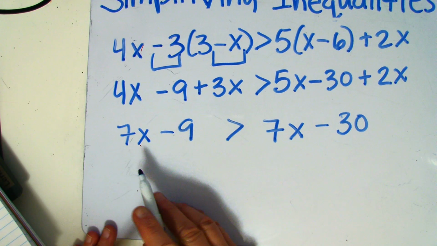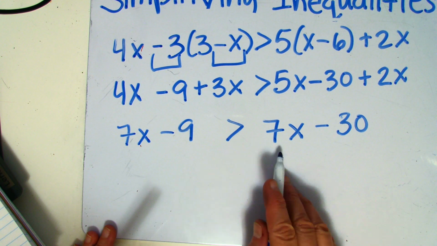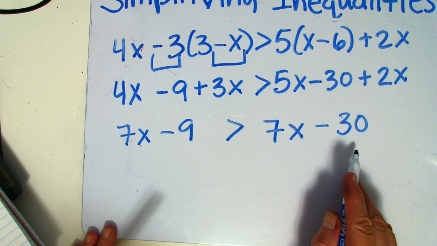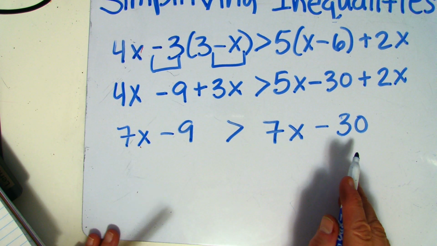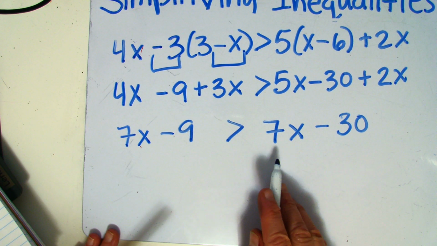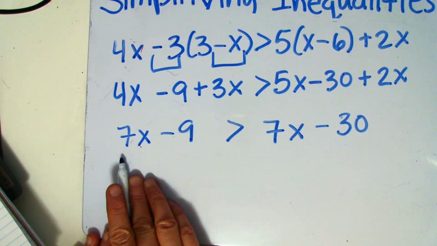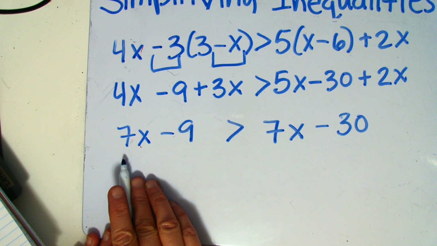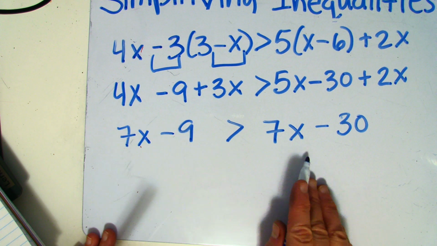Okay, now notice I have 7x minus 9 is greater than 7x minus 30, and something looks a little fishy here. If I move, say, this 7x to the left side, I'm going to get a 0x or 0. And that's going to be the same if I move this 7x over here. It's going to cancel each other out.